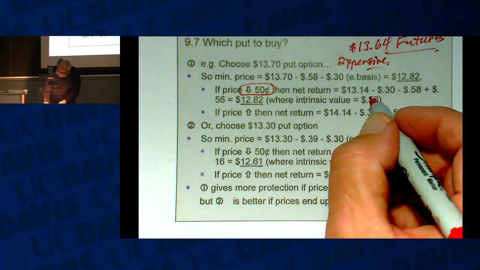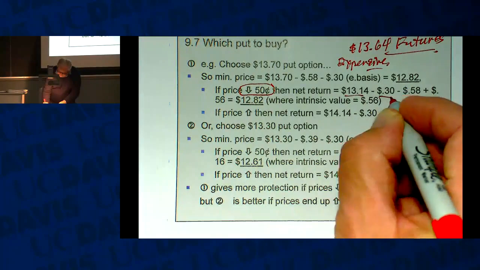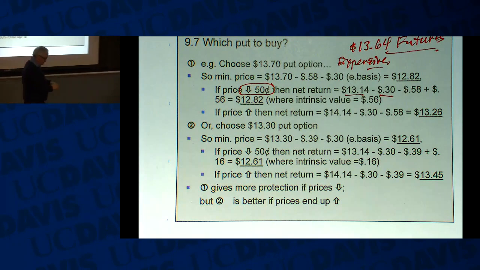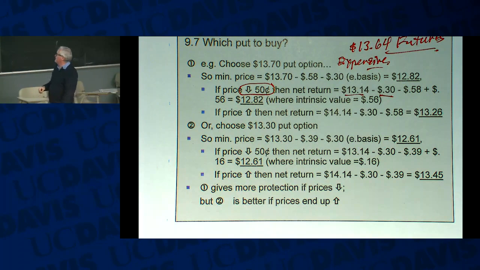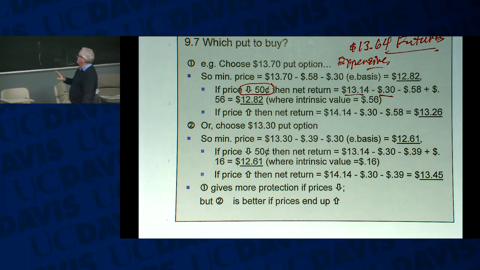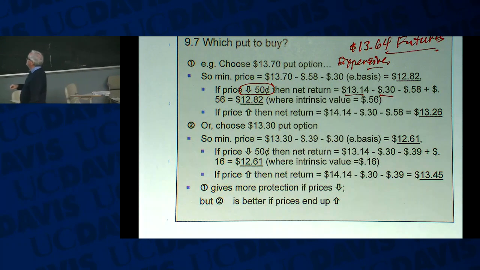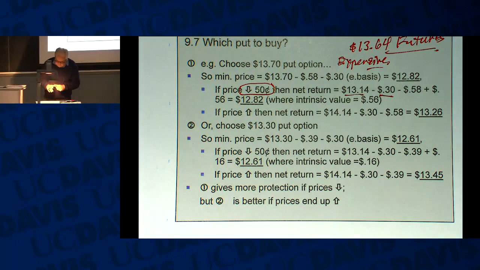So then your net return is going to be the futures price minus the expected basis. So let's just set the basis at 30 cents. That's where it was initially when you put the hedge on. We can change that if we want to, but let's keep it simple. Just say that we expect the basis to be 30 cents.